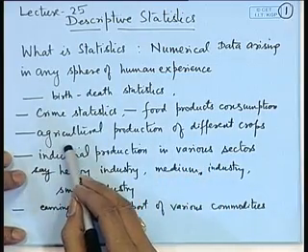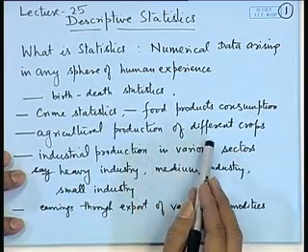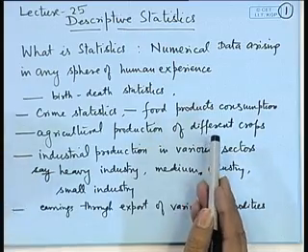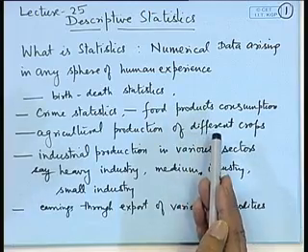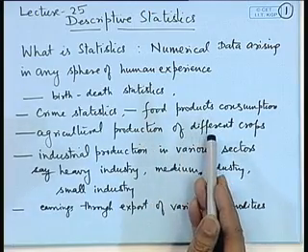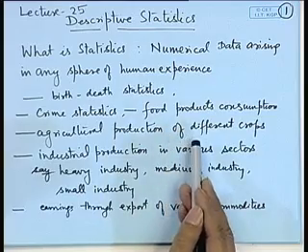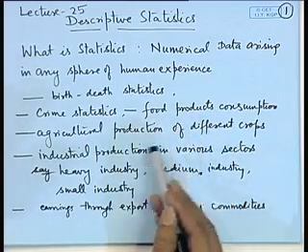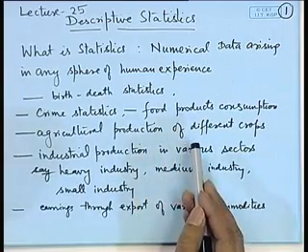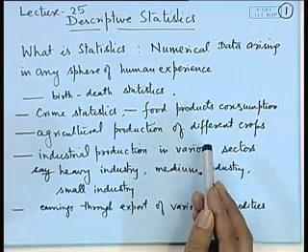Government regularly keeps the record of agricultural production of different crops. So, how much production will be there under, say, wheat, how much for rice, how much for the pulses, and this type of information is extremely important for making policies by the government: how much should be released in the market, what should be the pricing, whether there should be any import of these products from other countries to meet the shortfall, or if there is a surplus, then should the government be exporting, it should be encouraging the exports.